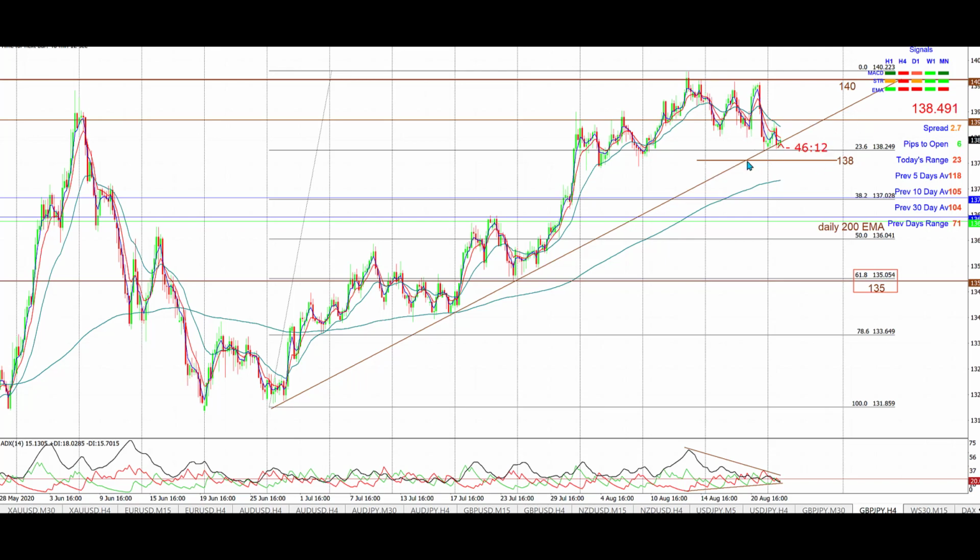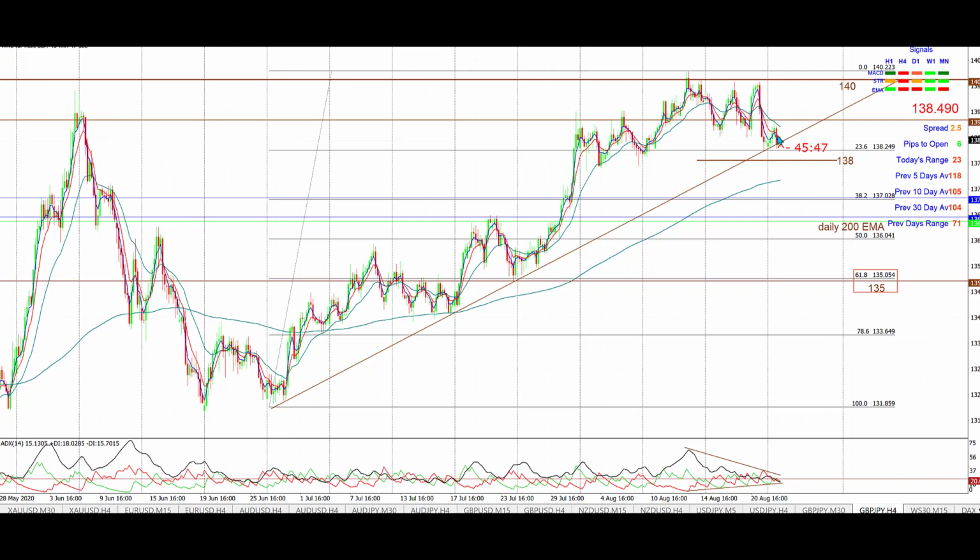I've penciled in the 138 as it is a whole number level, and if this trend line was to break and this 138 whole number level was to give way, that would be extra confirmation for me that there could be some potential weakness in store, and I would be looking for a move from this 138 down to 135. But as I said a number of times now, I'd be looking for confirmation by way of the indicator.